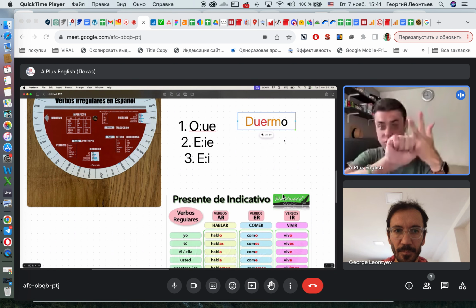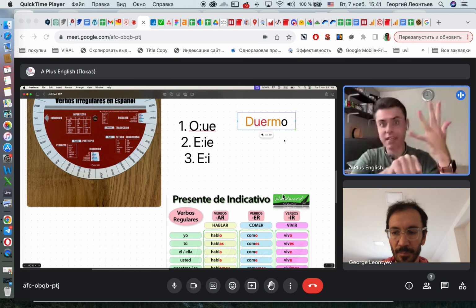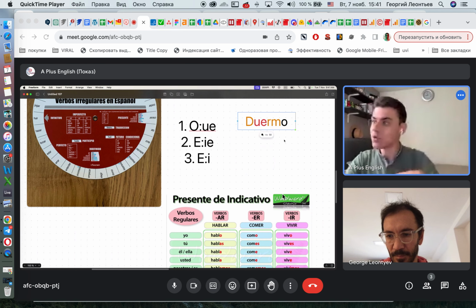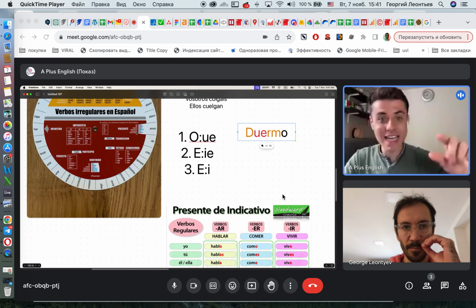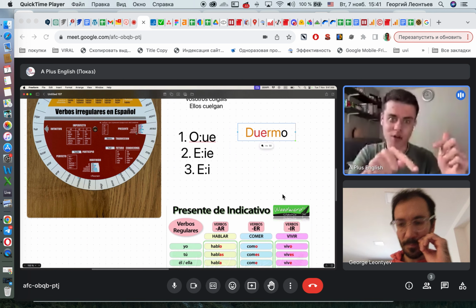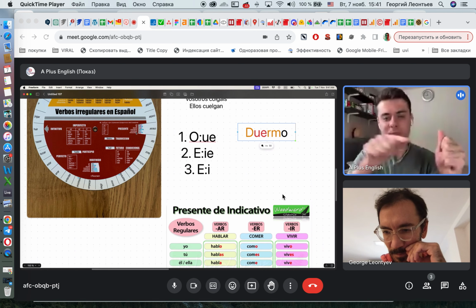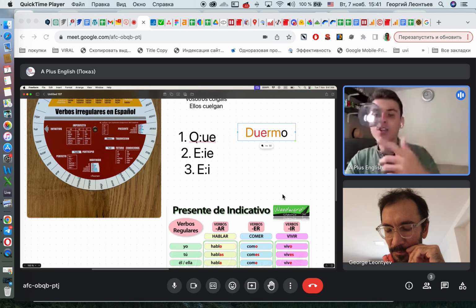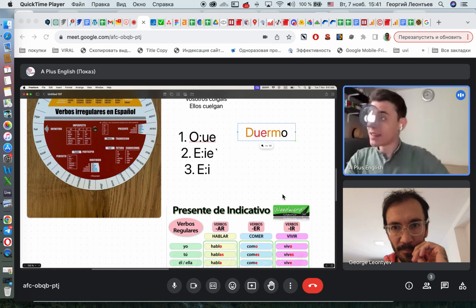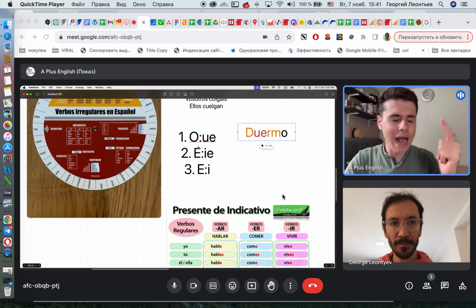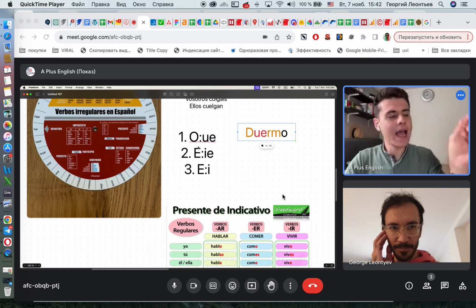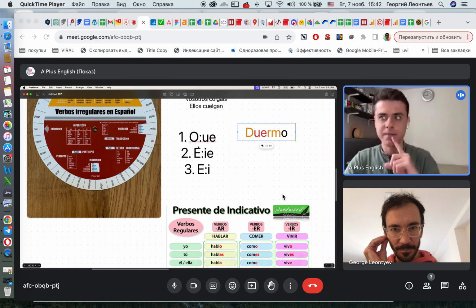Nosotros doesn't change, vosotros doesn't change, ellos, ellas, ustedes change. So if you look at that, you're going to see that nosotros and vosotros are dormimos and dormís. See? These are called stem-changing verbs. So a lot of irregular verbs are stem-changing verbs. Even if you don't remember them, you can remember dormir, stem-changing verb: I just have to change this O to a UE.